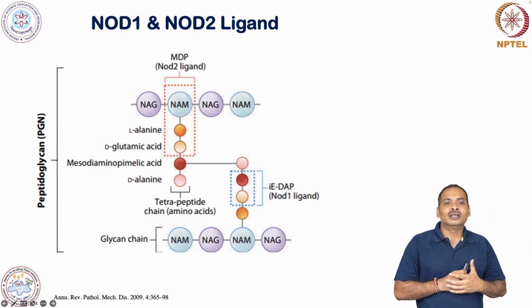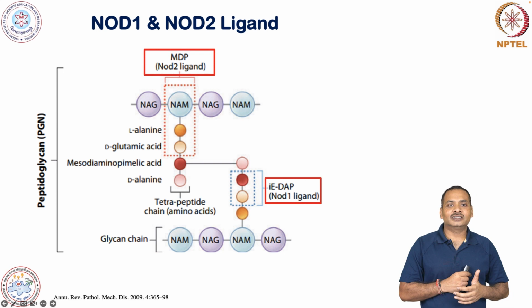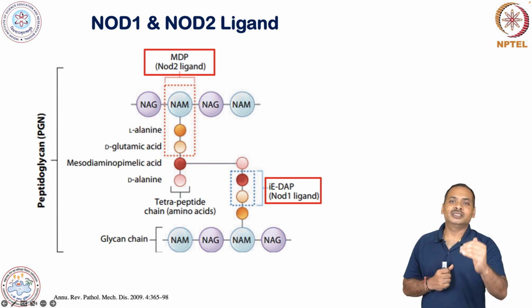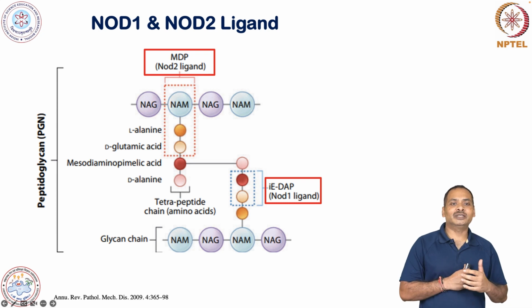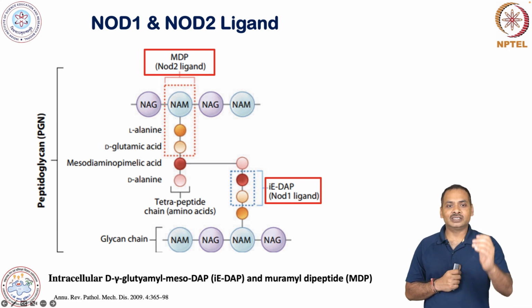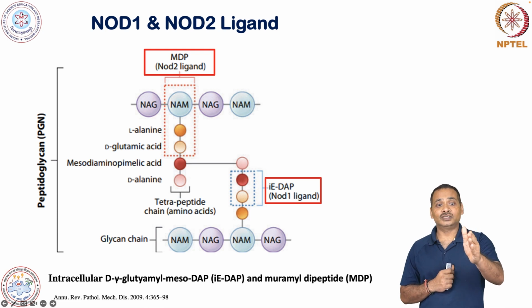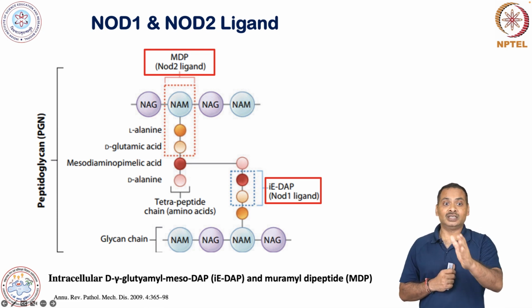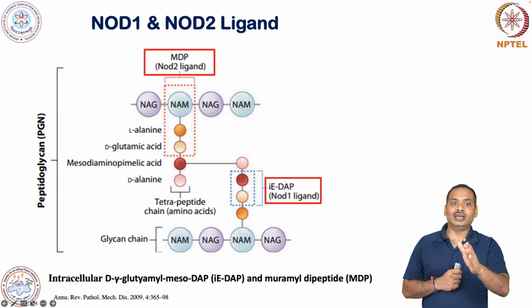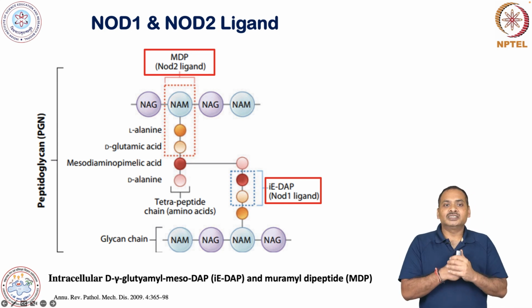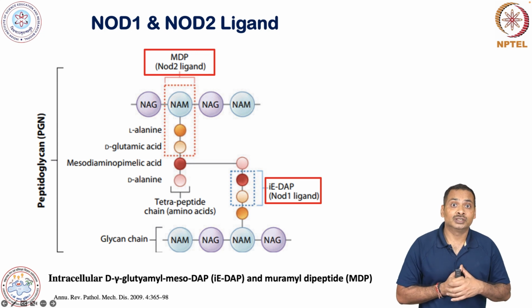Here you can see MDP is muramyl dipeptide. This muramyl dipeptide is the component consisting of N-acetylmuramic acid, L-alanine and D-glutamic acid. This component is sensed by NOD2.